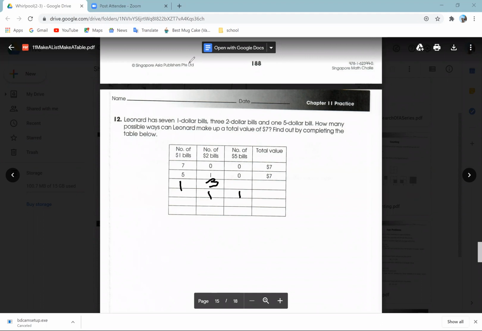So we can also do one of each, right? 1 plus 2 plus 5. Nope, that's 8.